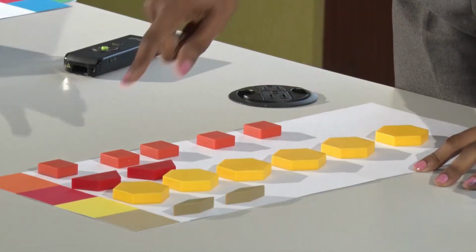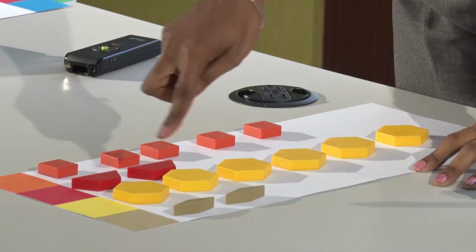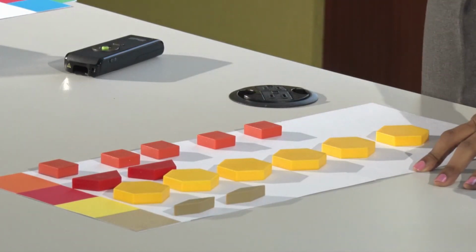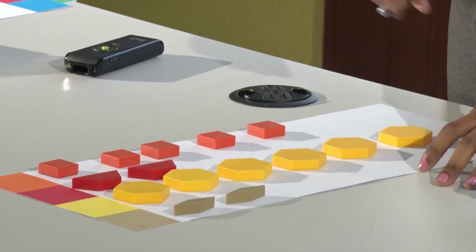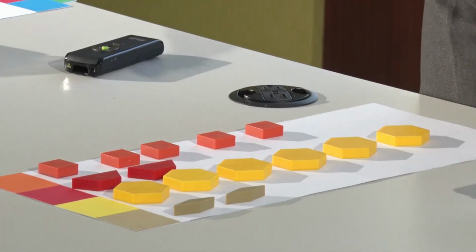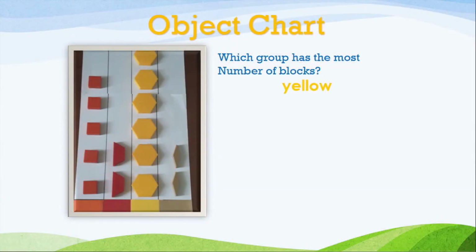Red has 1, 2. Yellow has 1, 2, 3, 4, 5, 6. And tan has 1, 2. So boys and girls, which color has the most blocks? Yellow. Yellow is correct. Yellow has the most blocks.